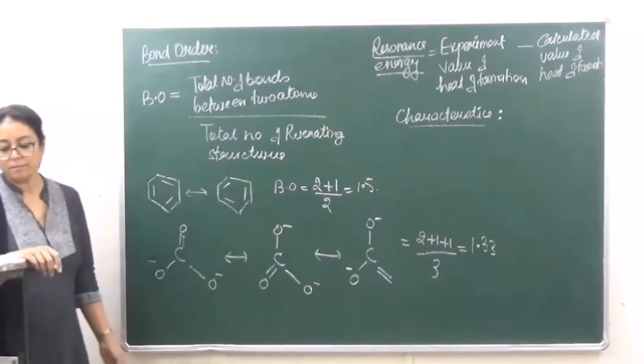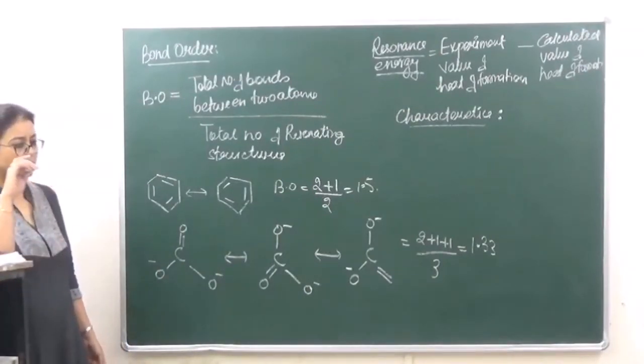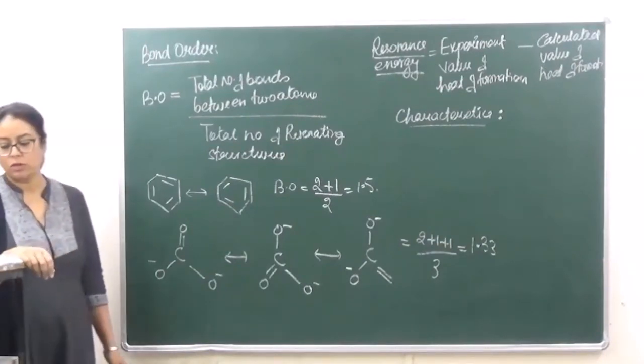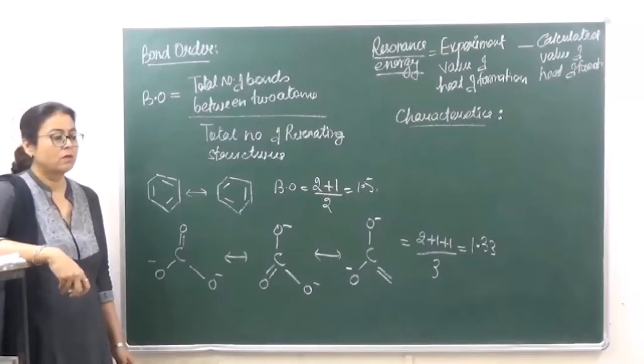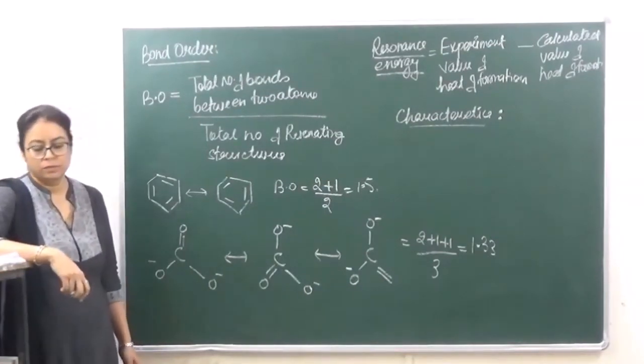Then number 3, greater the number of covalent bonds in canonical forms, more is the stability.